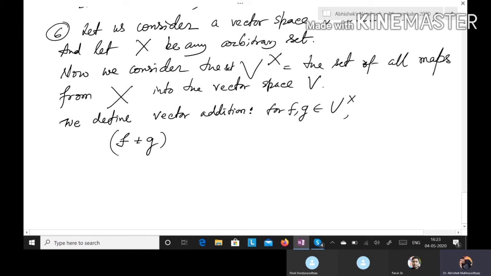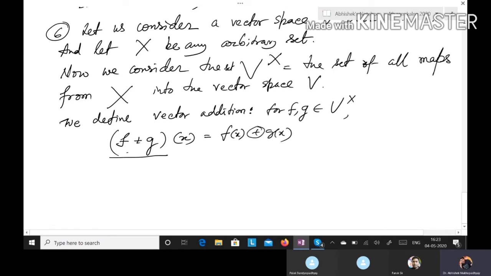This will again be a function from X to V, so we need to have the images of this function at each point of X. That is, (f + g)(x) is defined to be f(x) + g(x).